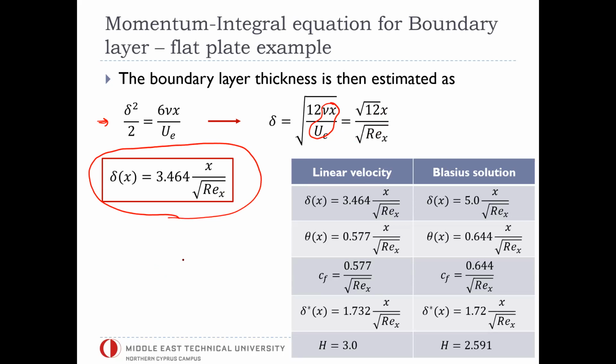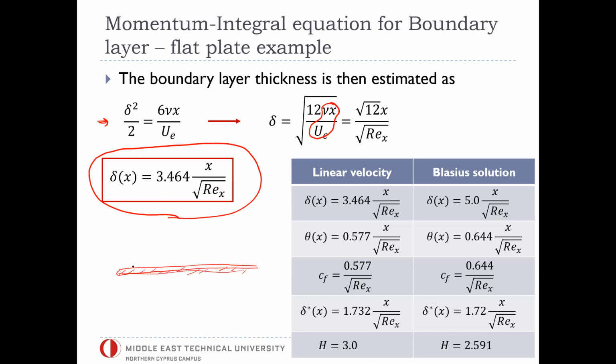Why is it interesting? Let me explain this, and then we can give a break. We get the delta x variation: 3.464 times x over square root of Reynolds x. What was this? Let's remember that: the solution for a flat plate boundary layer, exactly what Blasius was trying to do.